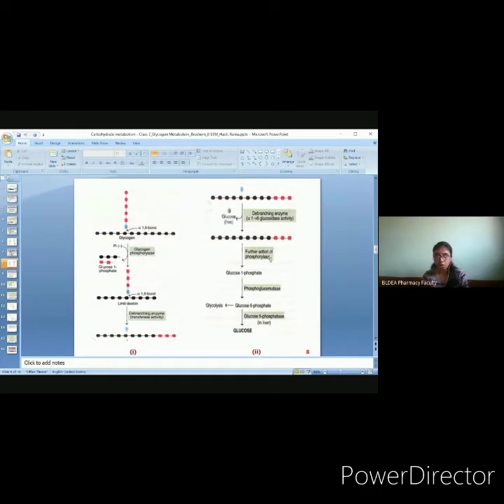Now these glucose 6-phosphates will either be converted into glucose molecules in the liver and sent to different organs, or, if the liver is in requirement of ATP, these glucose 6-phosphate molecules will be diverted to glycolysis, wherein they will be degraded to form pyruvates.